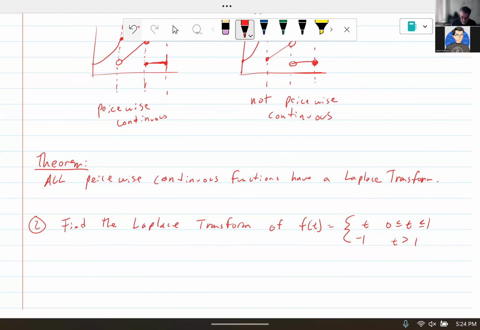So it's linear from 0 to 1, and then it becomes a constant function after 1.